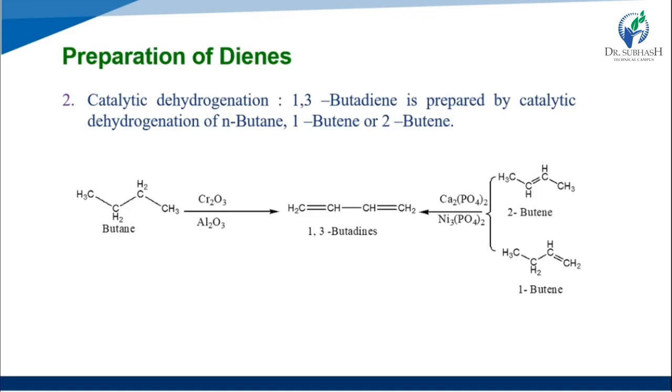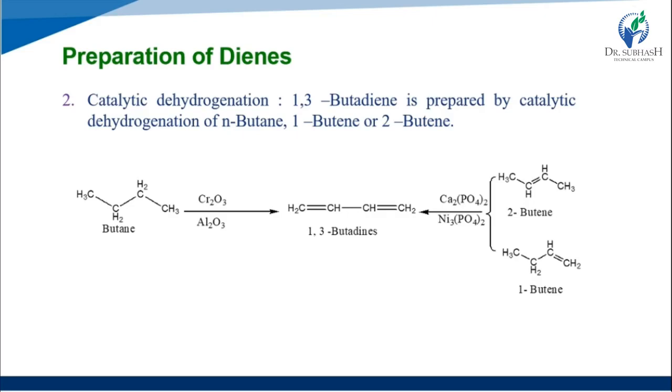Here, first we take butane and react it with Cr2O3 and Al2O3, chromium oxide and aluminium oxide, making 1,3-butadiene. With 2-butene and 1-butene, other catalysts such as Ca and Ni phosphates are used, and the reaction further makes 1,3-butadiene.